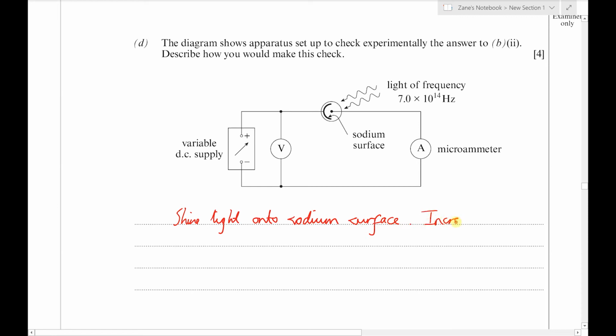Then increase the PD using that variable power supply until the ammeter reads 0.